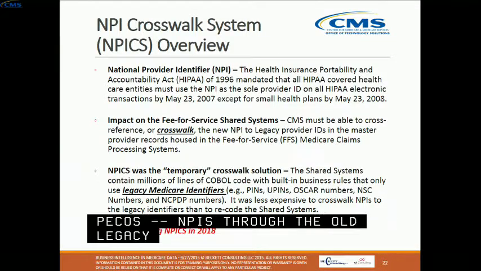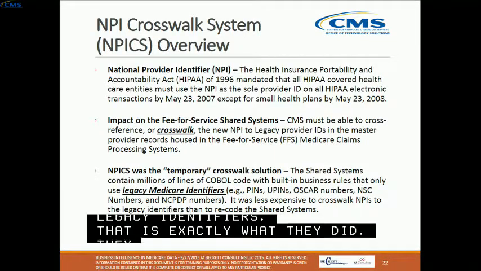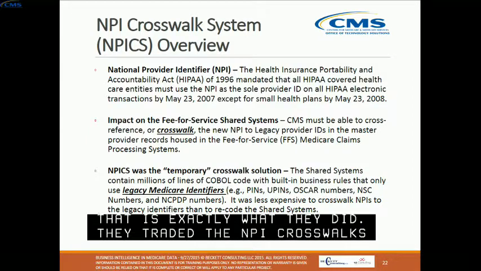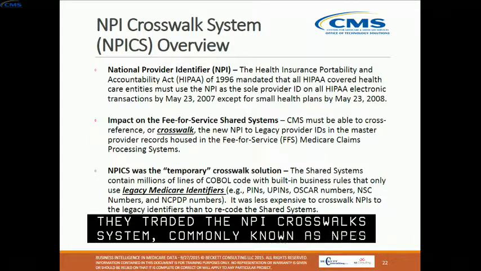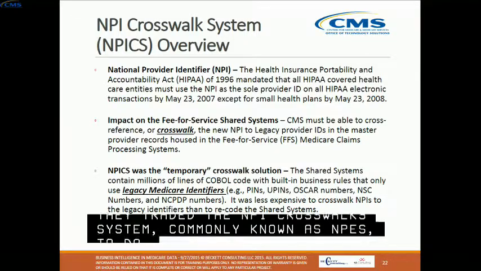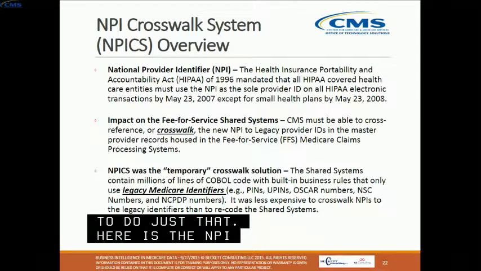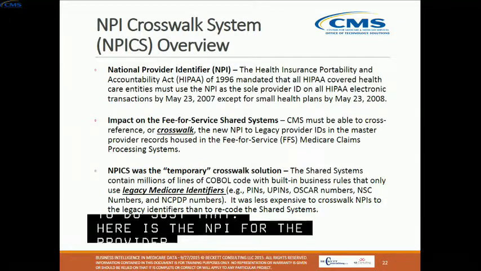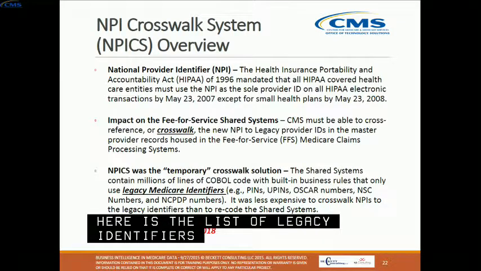So that's exactly what they did. They created the NPI crosswalk system, commonly known as NPICS, to do just that. Here's the NPI for this provider; well, here's the list of legacy identifiers that historically have been associated with this provider.